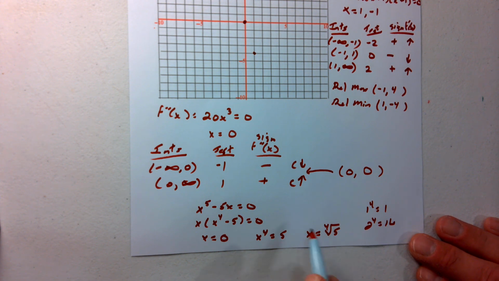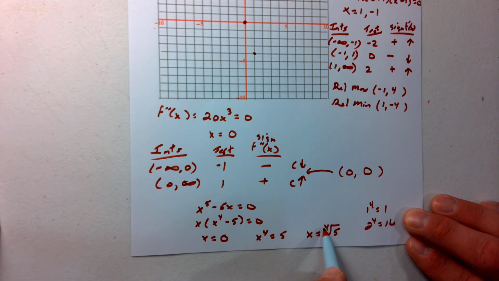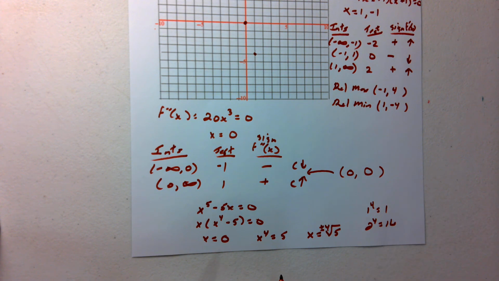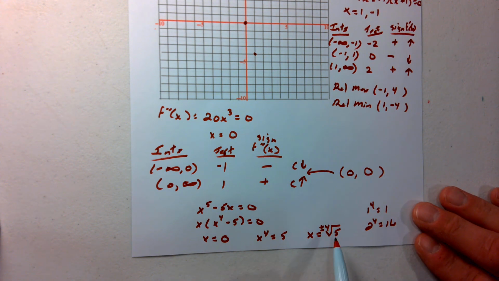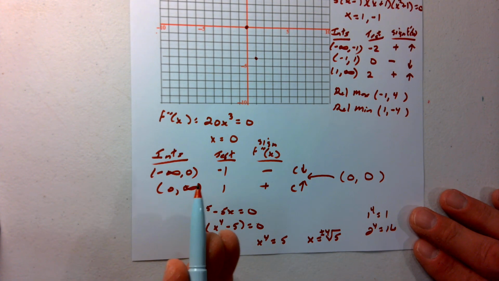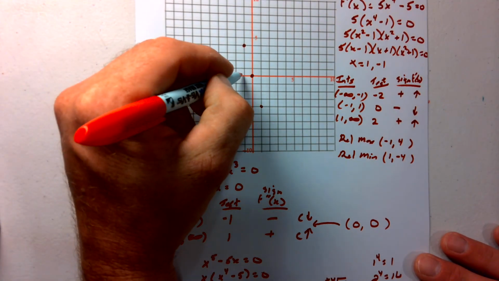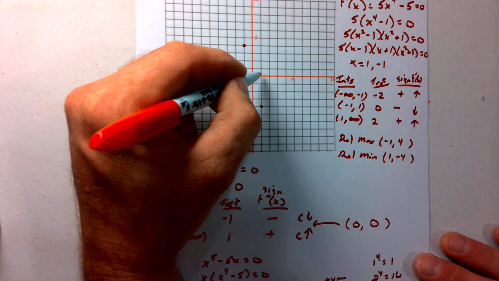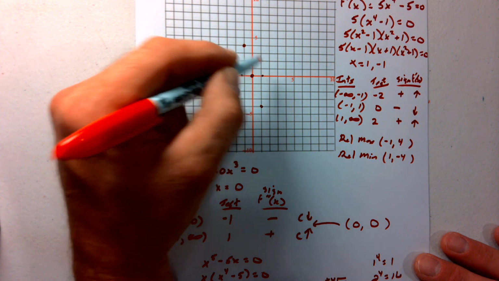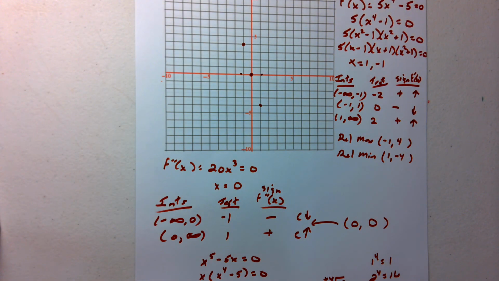And if I take the 4th root, I have the positive and a negative value of that. So I'm going to be just past negative 1 and just past 1 as I graph them. So I'm going to be maybe in here and in here. Again, not terribly difficult to find. You should be able to find those with some ease.